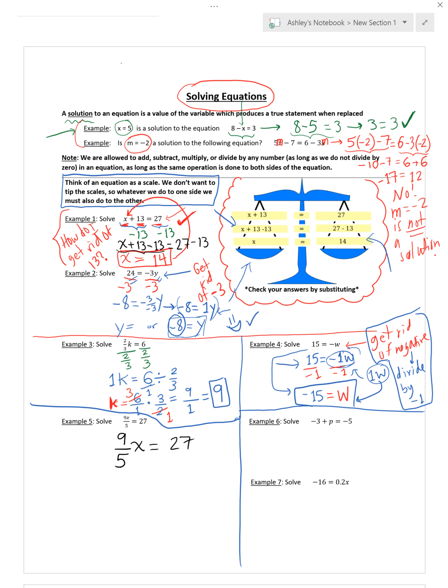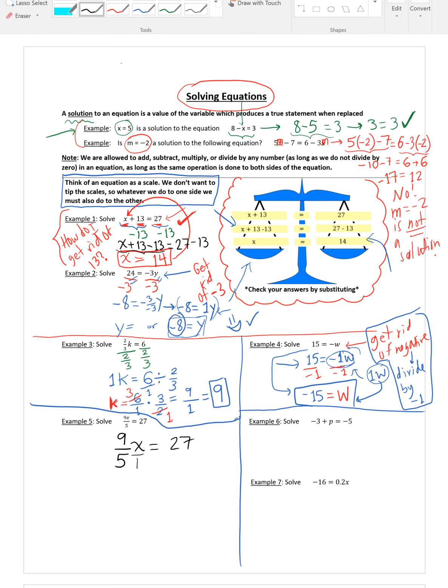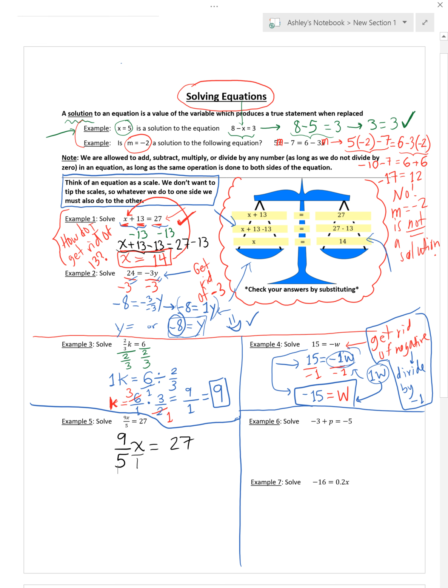Because in this process that we just did, we're usually going backwards. If you have a whole number, I'm thinking of x as the whole number, you can multiply it by a fraction by putting it over 1 and multiplying numerator times numerator, 9 times x, 5 times 1, that kind of thing. But what I'm trying to do is extract the x. I'd rather get the variable as far away as possible from whatever's preventing it from being by itself.